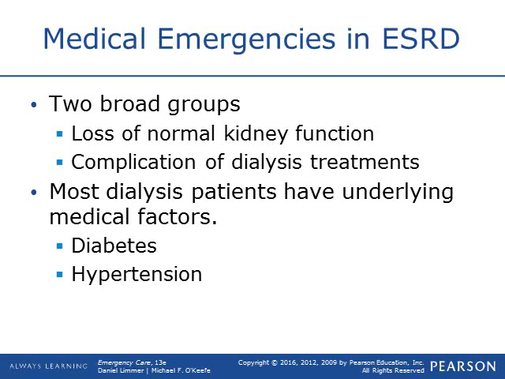Medical emergencies that relate to end-stage renal disease fall into two big groups: loss of normal kidney function and complications of dialysis treatments. Most of the patients you'll treat will have issues such as a diabetic emergency or an issue with their blood pressure.